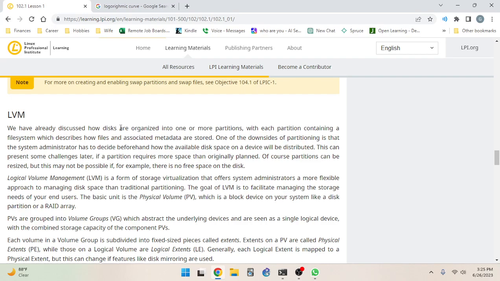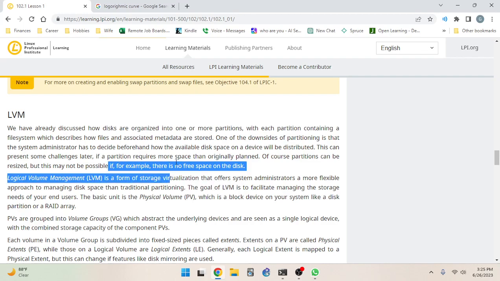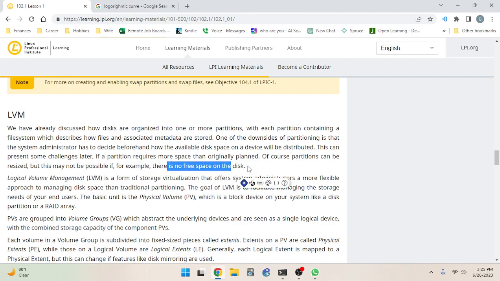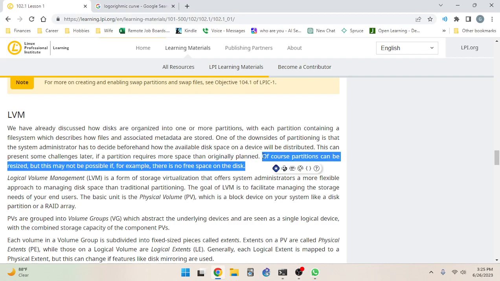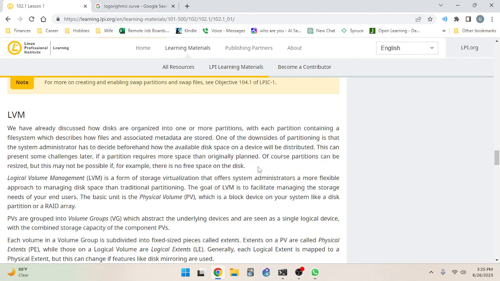This can present some challenges later if a partition requires more space than originally planned. Of course, partitions can be resized, but it may not be possible, for example, if there is no free space on the disk. If that's the case, then you cannot change the size of your partition because there's no space you can use for the new size.